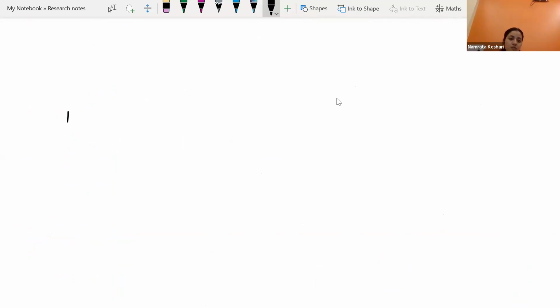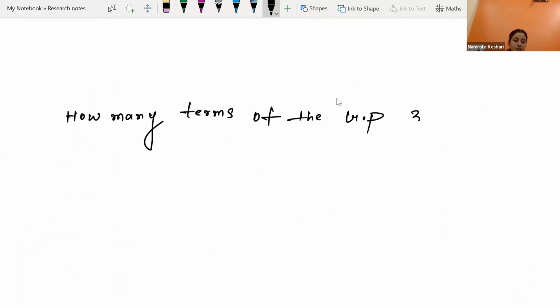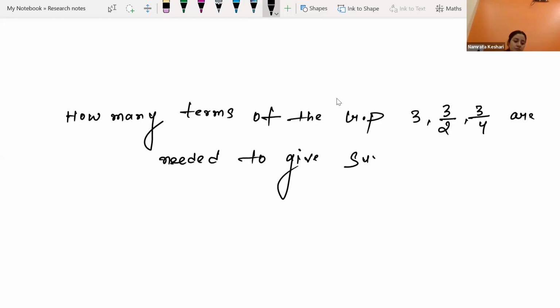How many terms of the GP 3, 3 by 2, 3 by 4 are needed to give sum as 3069 by 512?